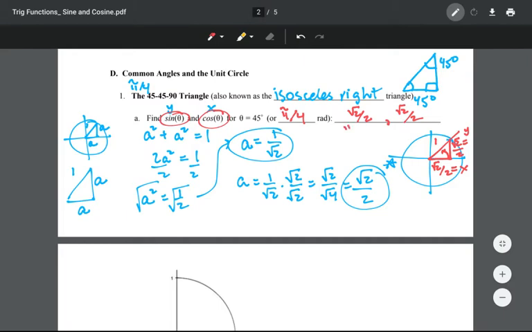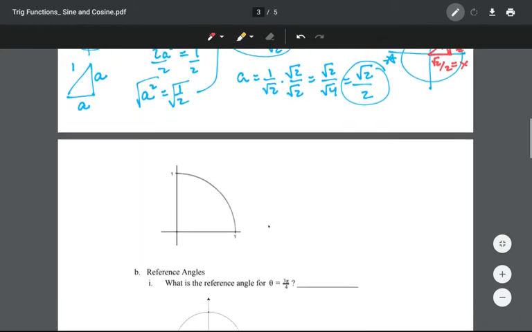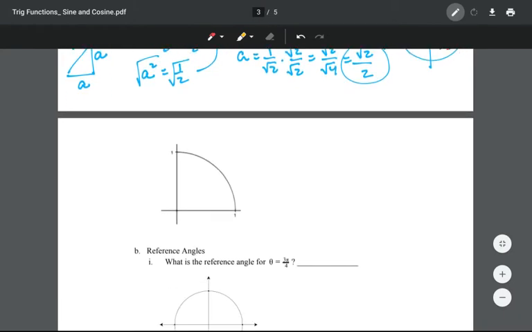Sine is the y, cosine is the x, and they are the same. Oh, and look, I've got that really nice picture there. So let me redraw this in here. So I've got my 45 degree, and this is going to line up with radical 2 over 2 on the x, and it's going to line up with the same radical 2 over 2 on the y.